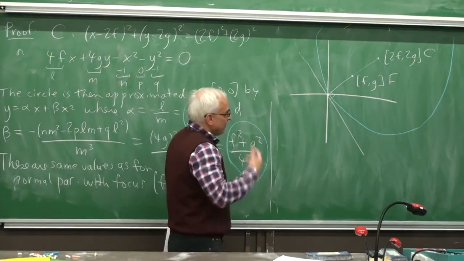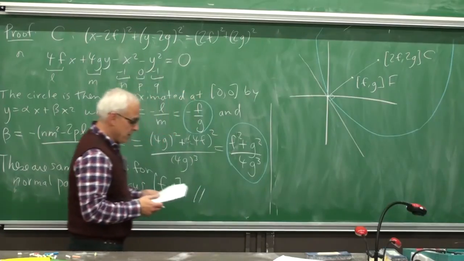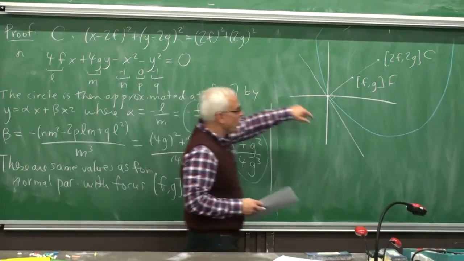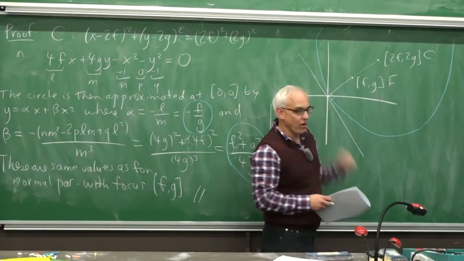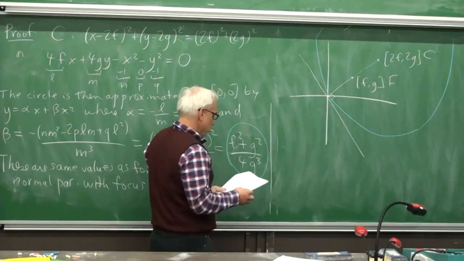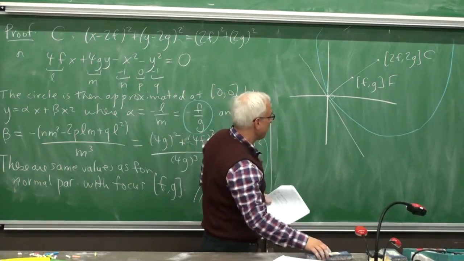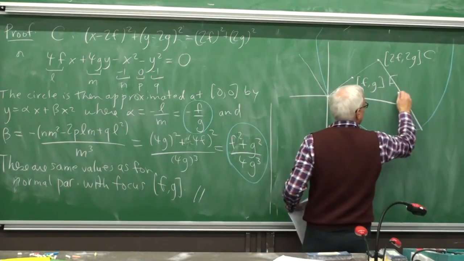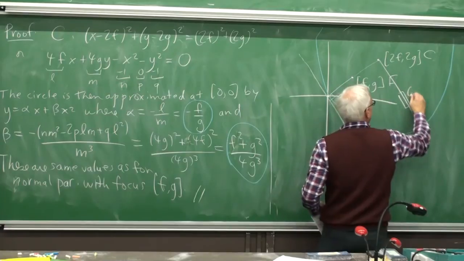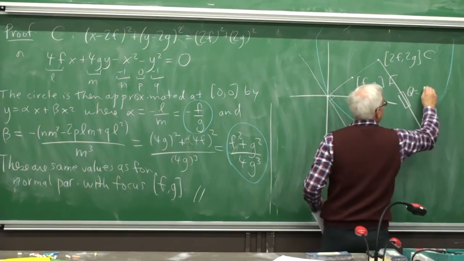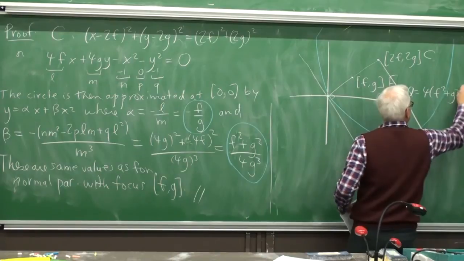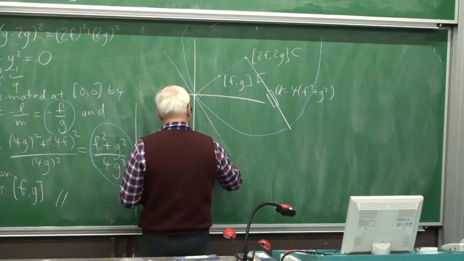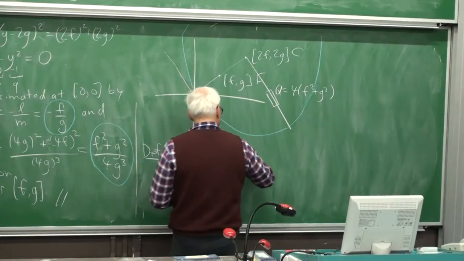All right, so this motivates us to define the quadrance or the curvature in terms of the curvature of this circle. And so we're going to make a couple of definitions. We're actually going to start not with the curvature itself, but rather the quadrance of this circle, which is 4 times f squared plus g squared.